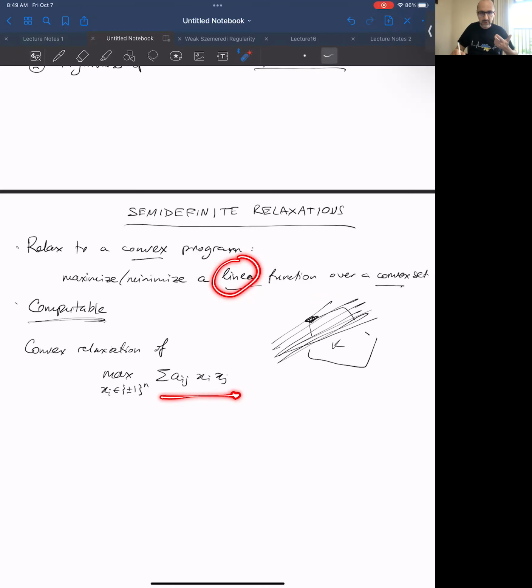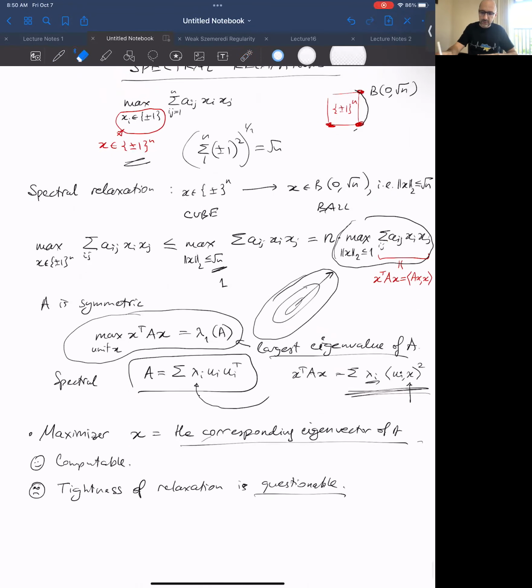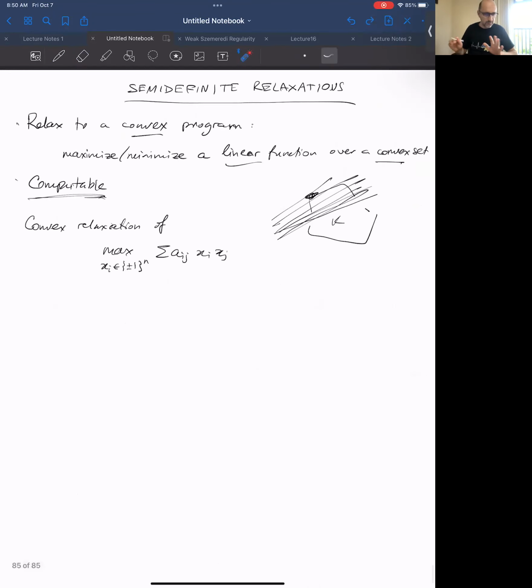It's quadratic. And of course the feasible set is not convex. It's a cube. And we already decided that replacing the cube with something nice like the sphere is not going to work in general. So this starts like a very dubious proposal, but here's how we do it.